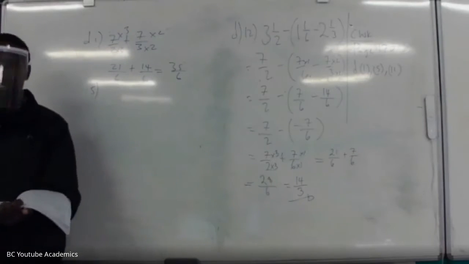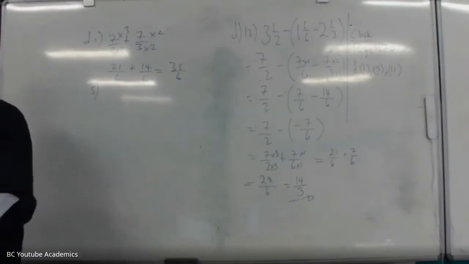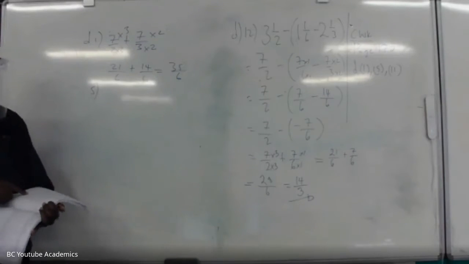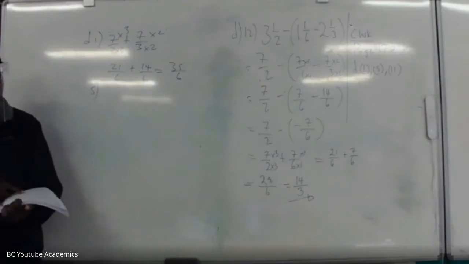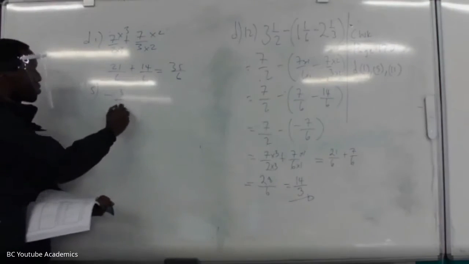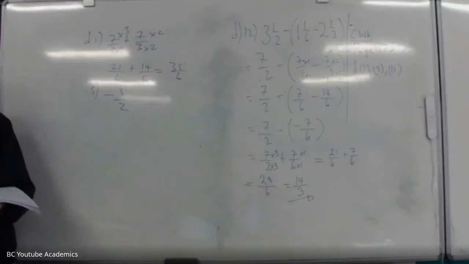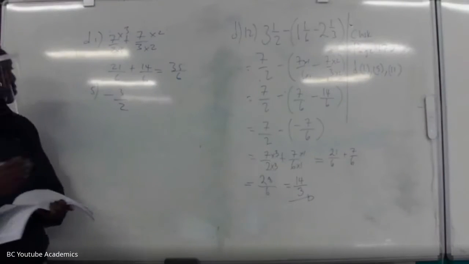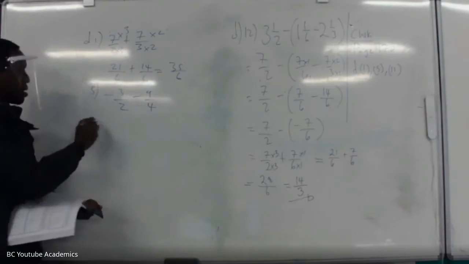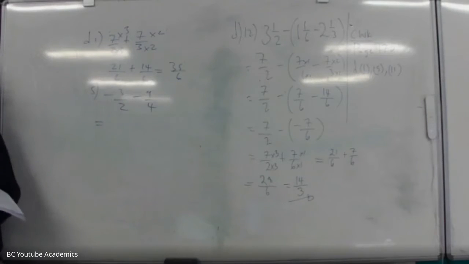So 5, what's the first step? You first have to simplify negative 1.5, and so that will equal negative 3 over 2. And then you simplify 2 1/4, which equals 9 over 4. The lowest common denominator would be 4.